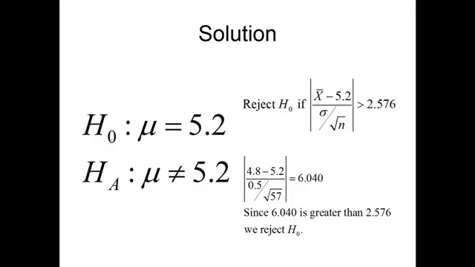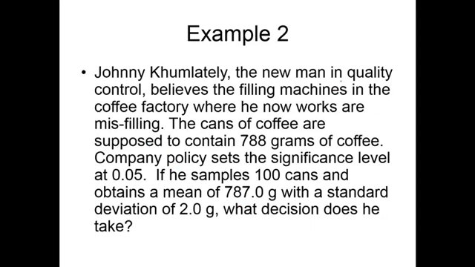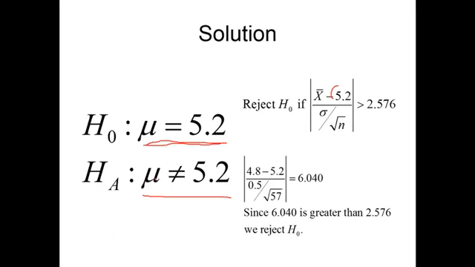Is this different in a statistically meaningful way? So the solution: we assume he's correct. If you assume somebody is correct and then prove that he's not, then they have to believe you. Alternative hypothesis, he's not. We're using his number here, 5.2, and this is a table lookup at a 1% level of significance.